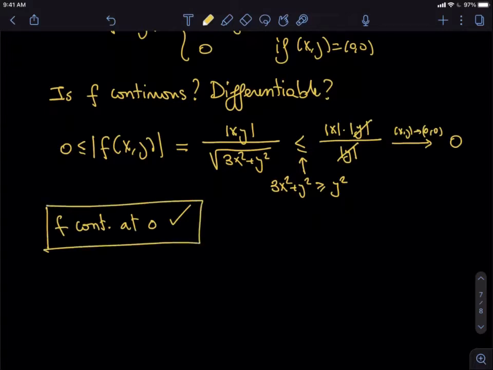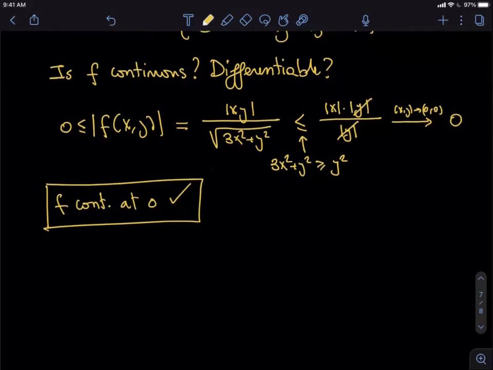Now, differentiability. We are going to do it in a way that is more complicated than it needs to be because we don't know enough yet. But in a couple of videos, it will be much easier than the process we are going to follow now. What does the definition say?